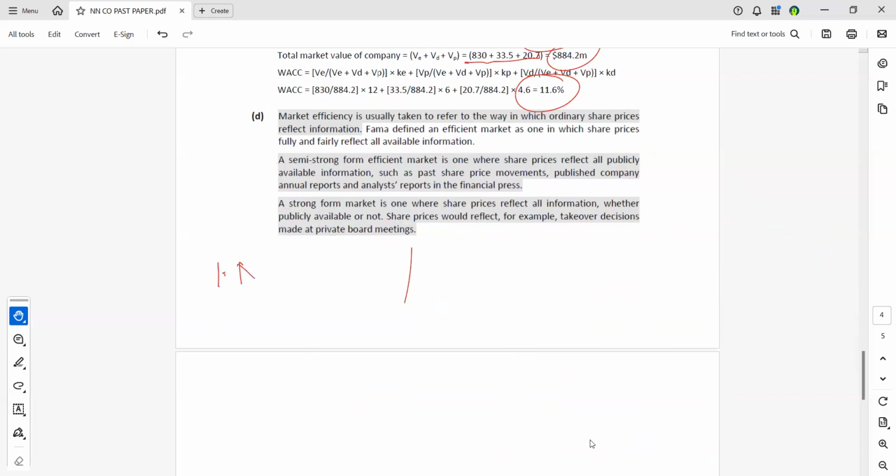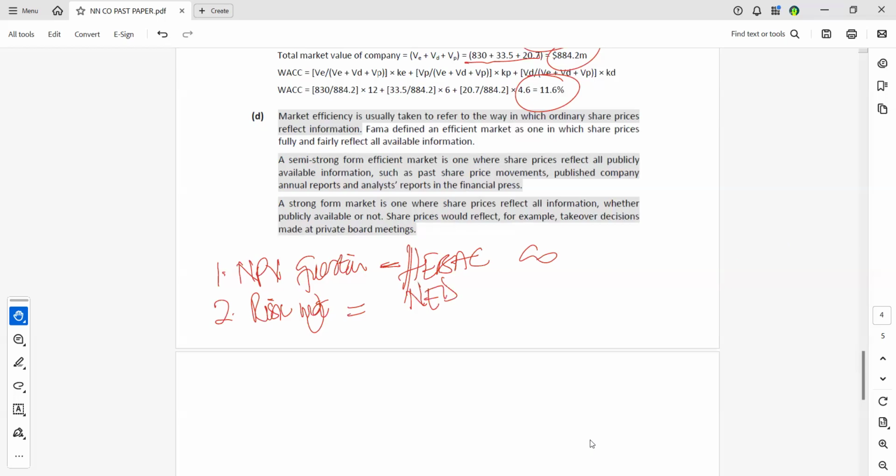For the NPV question, go through the Wacc code. For risk management, go through Nedwin.